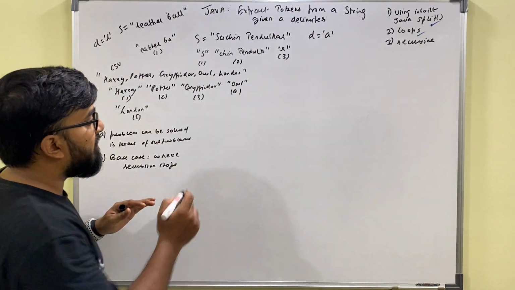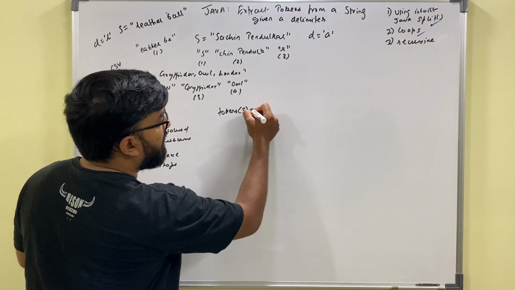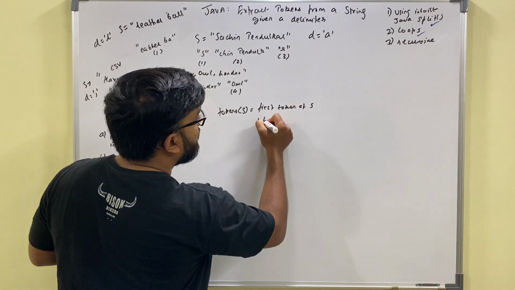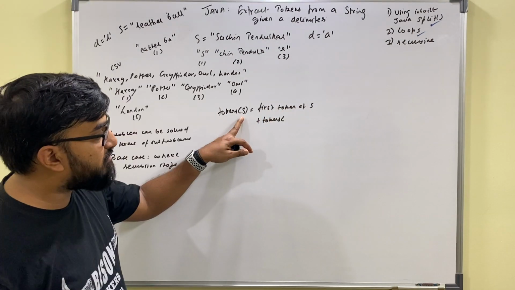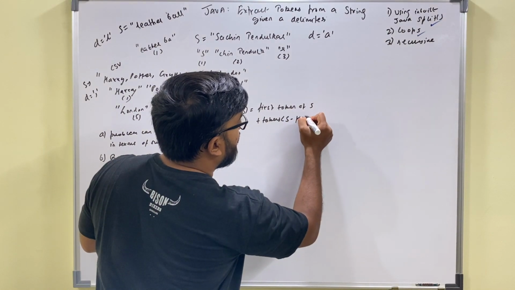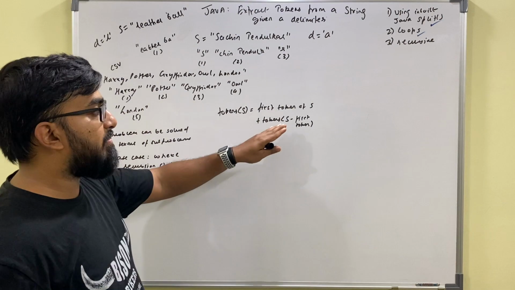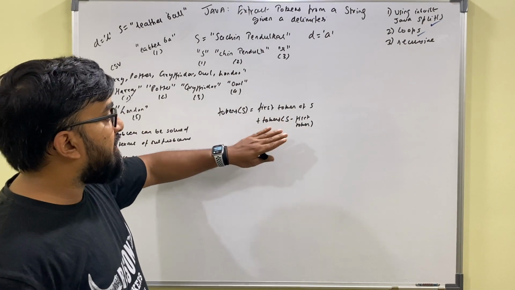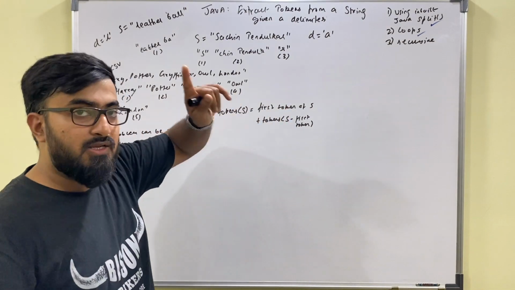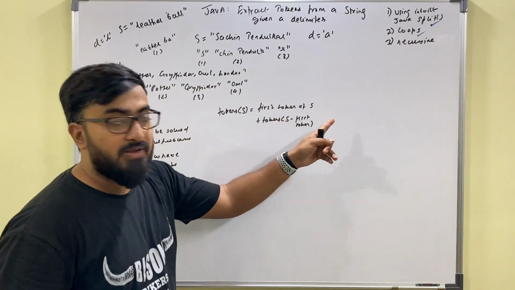So I can roughly say all the tokens of this string s are basically the first token of s, plus tokens of the string formed by removing the first token. So s minus first token, and this is just representative. We cannot actually do subtraction between 2 strings. This is just to say that all the tokens of s are equal to the first token; you extract the first token and then you get the tokens for the remaining string.